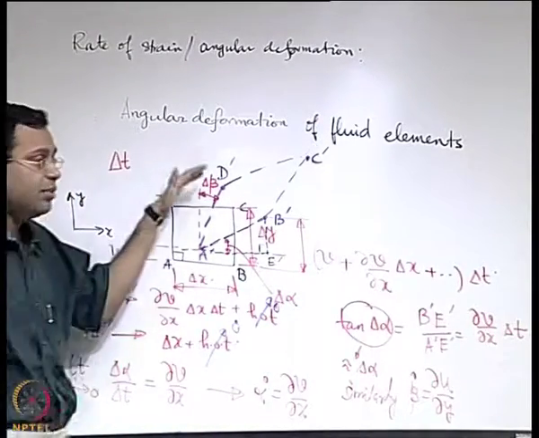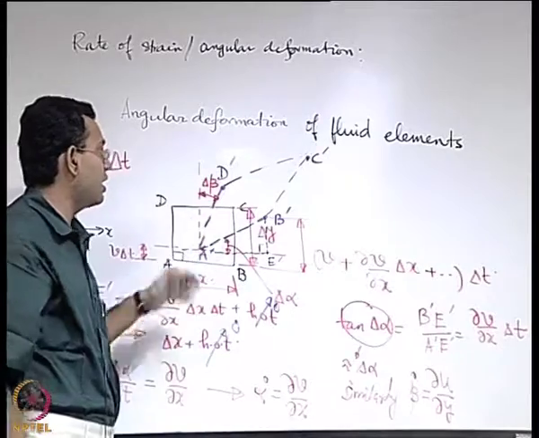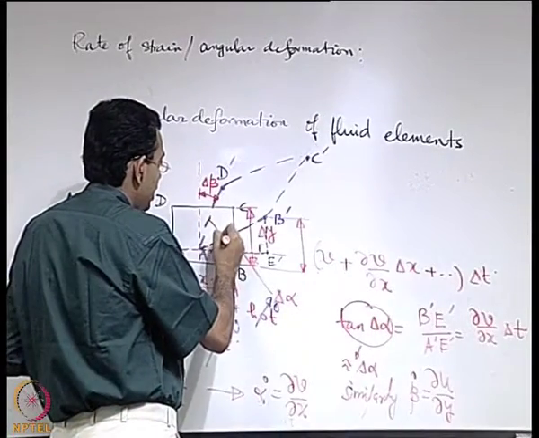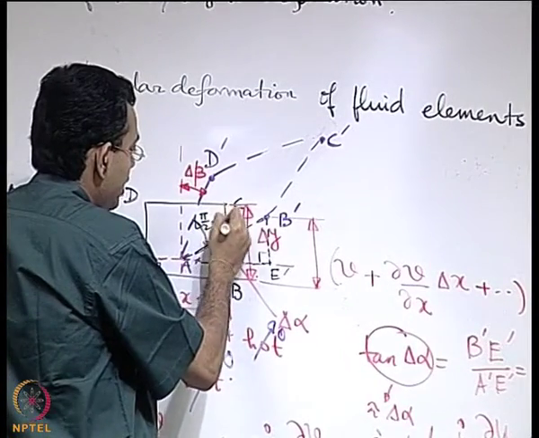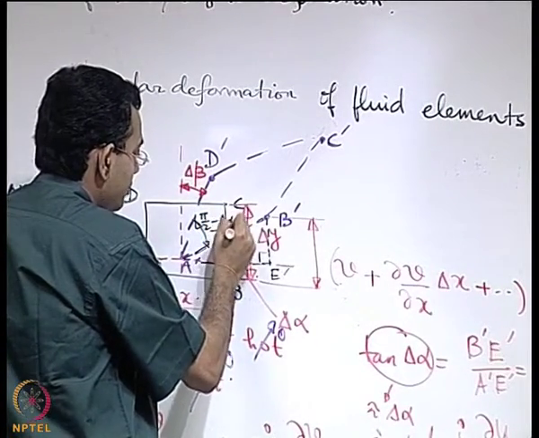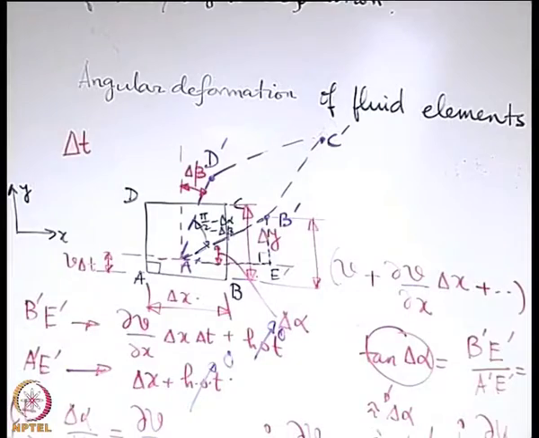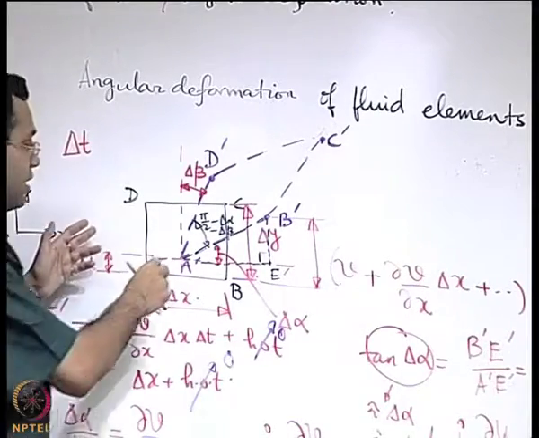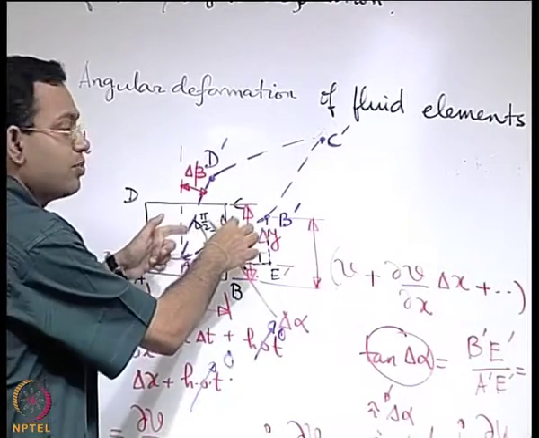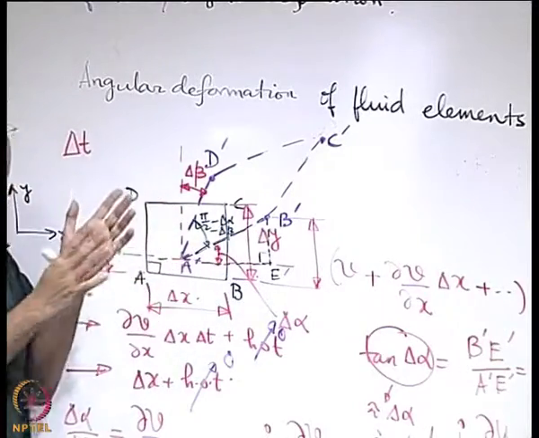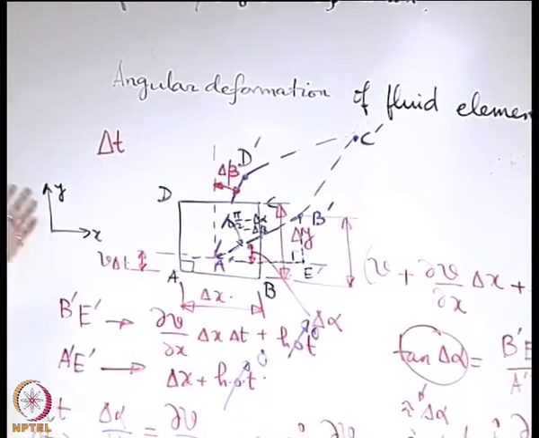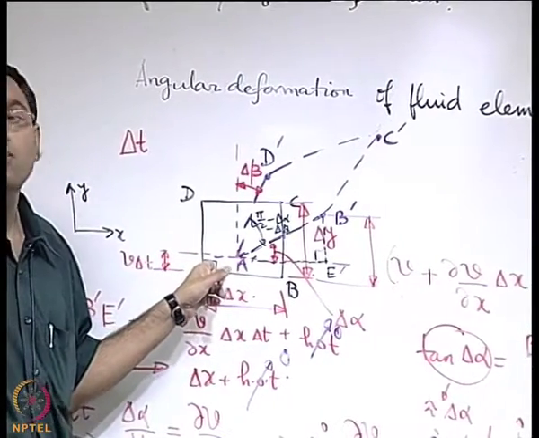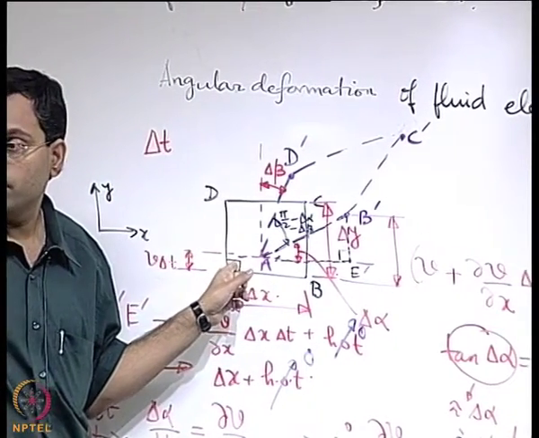Now, these line elements are no more at an angle 90 degree with each other, they are now at an angle 90 degree minus delta alpha minus delta beta. So, this difference between 90 degree and this one gives an indication of the angular deformation, because if there was no angular deformation, this angle would have remained as 90 degree.